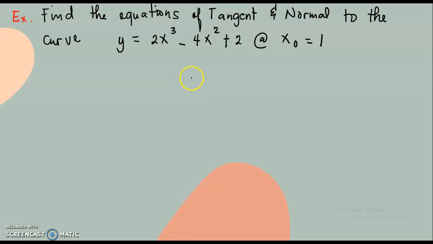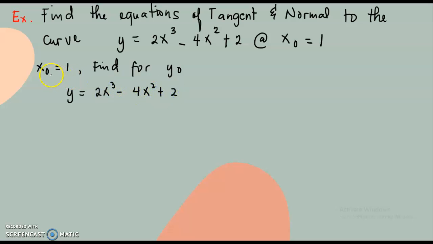First, solve for y sub 0, given the value of x sub 0 is equal to 1. Using the given equation, y equals 2x cubed minus 4x squared plus 2, substitute your x sub 0 to get the value of y sub 0. y sub 0 is equal to 2x sub 0 cubed minus 4x sub 0 squared plus 2.